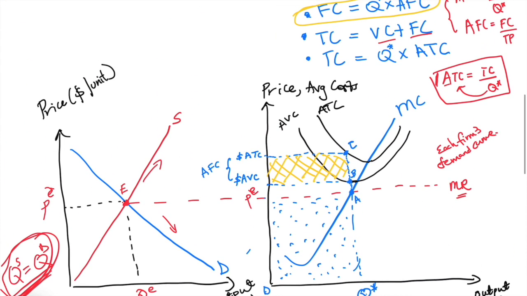So I'm tracing the entire box. Dollar value AVC to B to C to dollar value ATC, and then back to AVC.